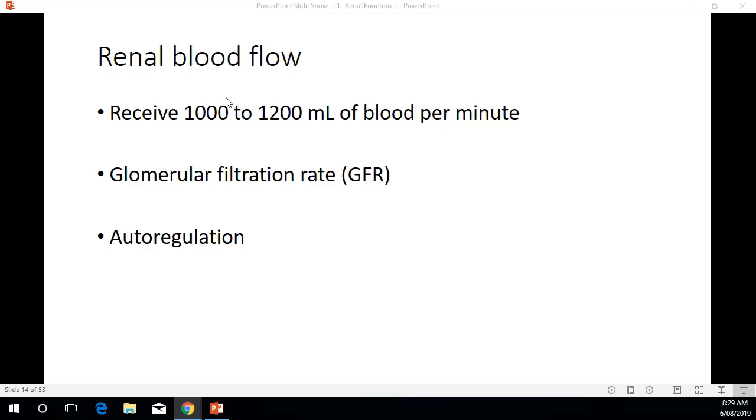This is at rest. This determines glomerular filtration rate, how much filtrate is produced at the glomerulus. And autoregulation is also very, very important. As I was mentioning earlier, the cells that come in contact have special functions in regulating the blood flow through each nephron.